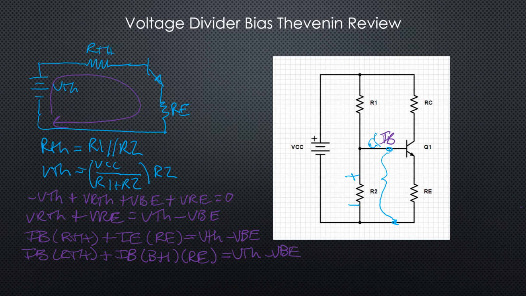Factor out the IBs. Minus VBE. Now I'm going to change colors just so we can see. Now we're going to rewrite this so we can solve for IB.